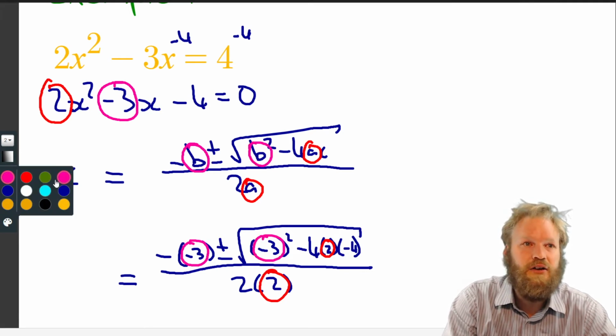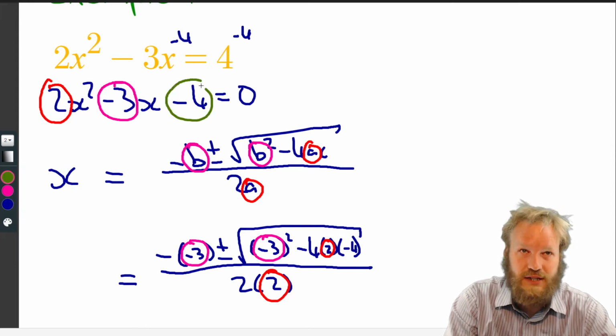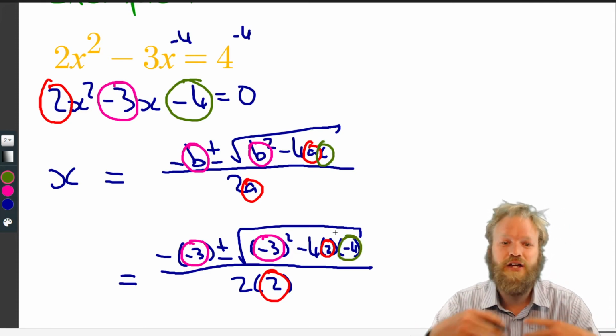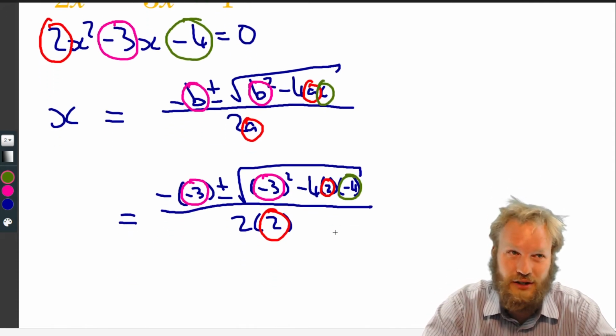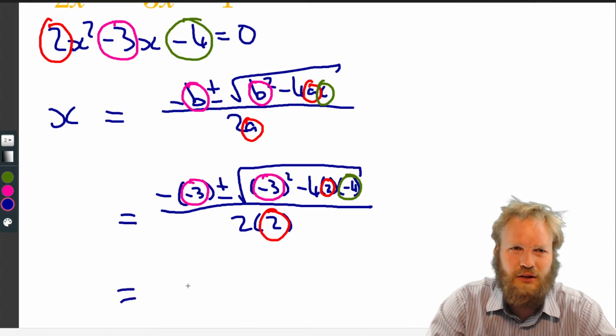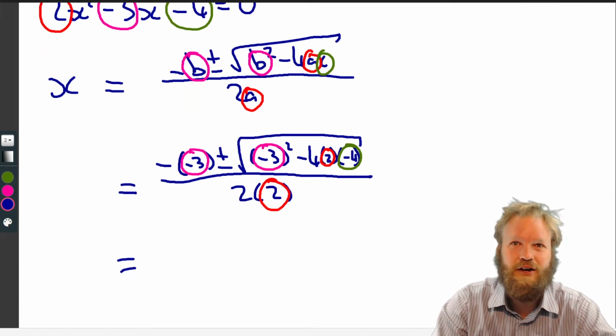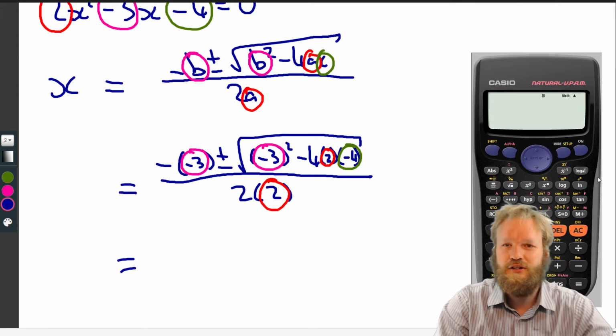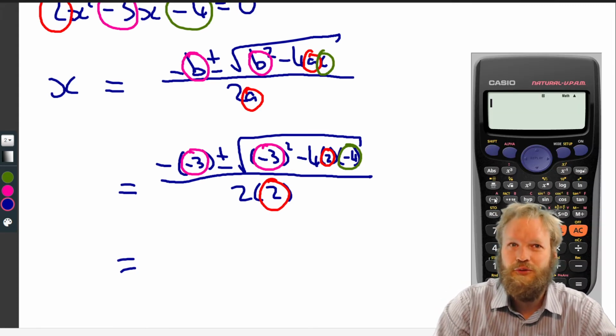And finally, when we see c, negative 4, there's c, we put in negative 4. So we're just substituting into the formula. And then from there, we merrily get our calculator out, and we punch that whole mess in.